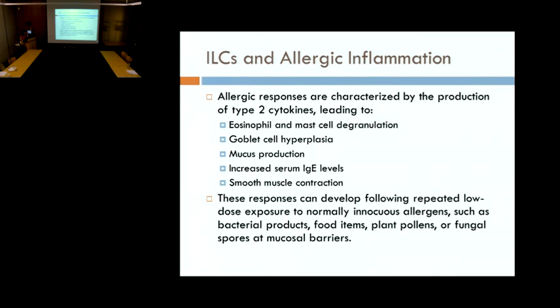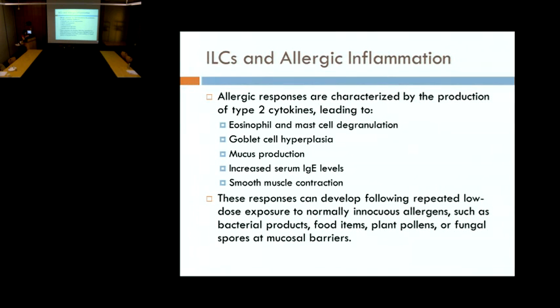I'm just going to talk a little bit about the role of ILCs in allergic inflammation. Like I said, we've had a pretty good discussion about that as well. But just to review, allergic responses are characterized by the production of type 2 cytokines by the Th2 helper cells. This can lead to eosinophil and mast cell degranulation, goblet cell hyperplasia, mucus production, increased IgE levels, as well as smooth muscle contractions.